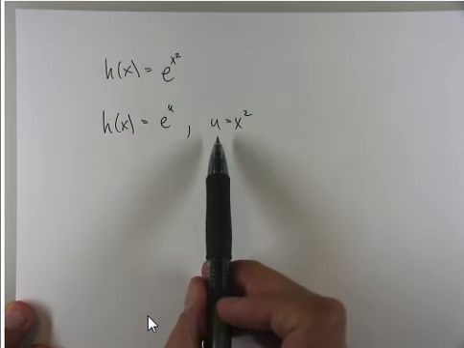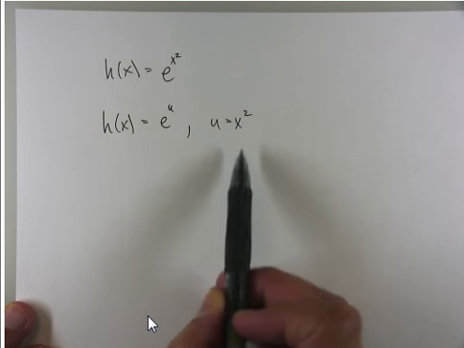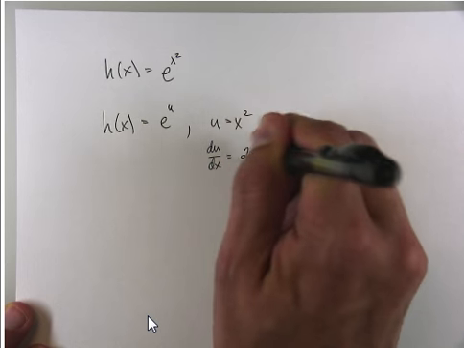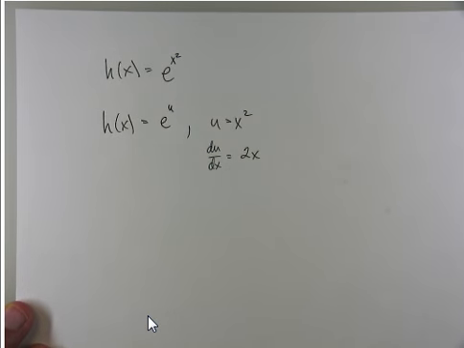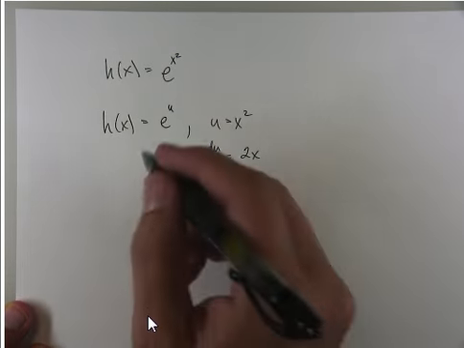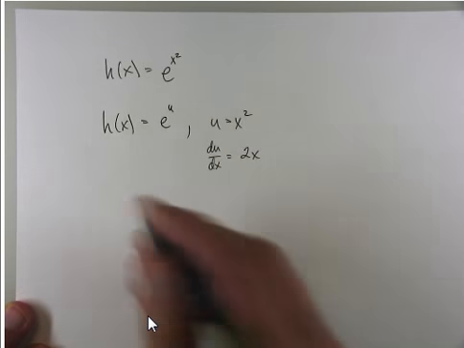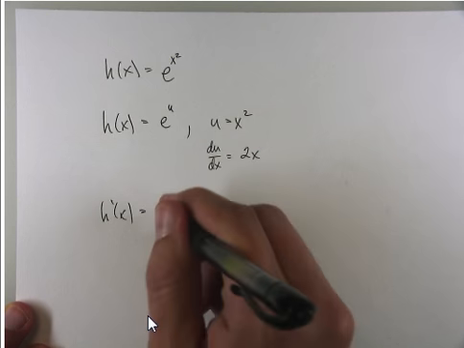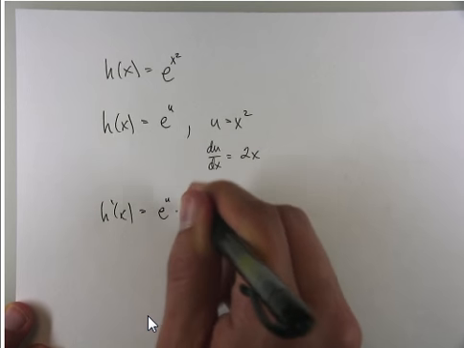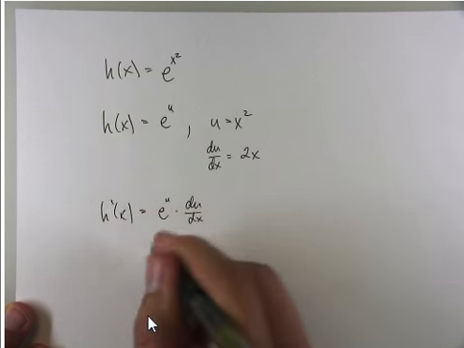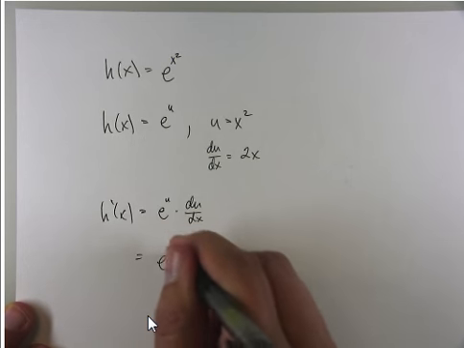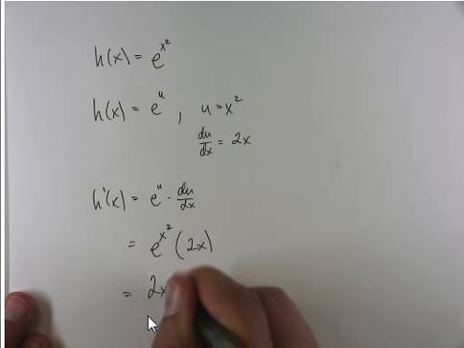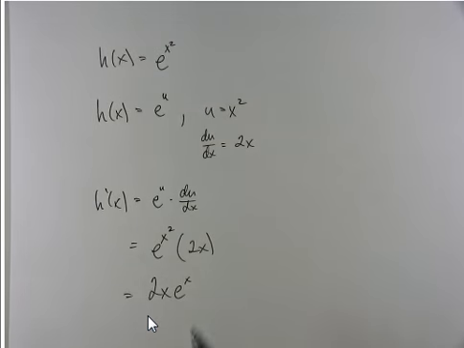So now, instead of du/dx being 1, you'll notice that du/dx is 2x. So something like this might happen.